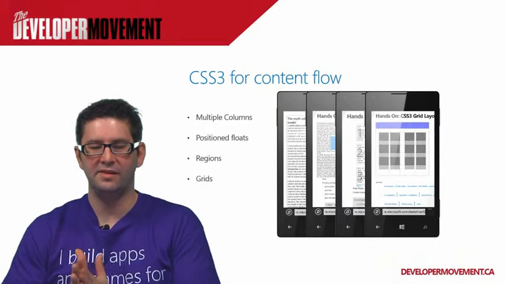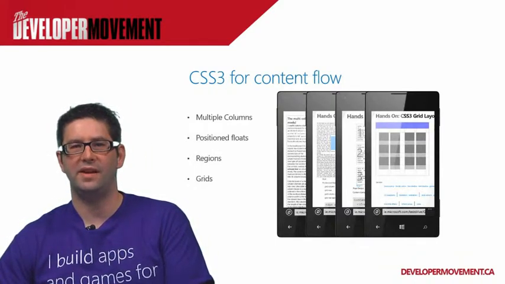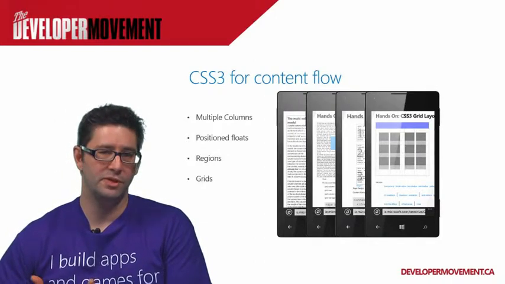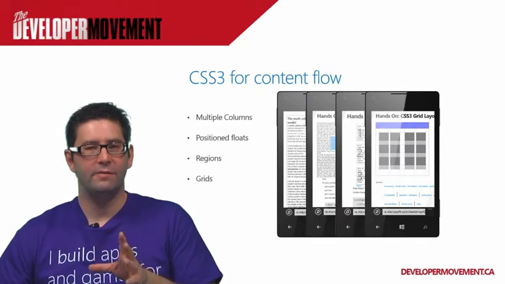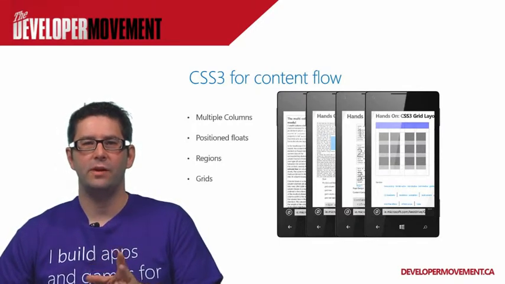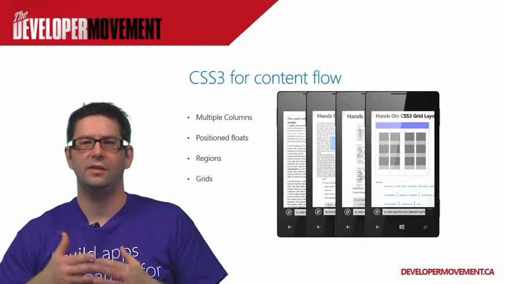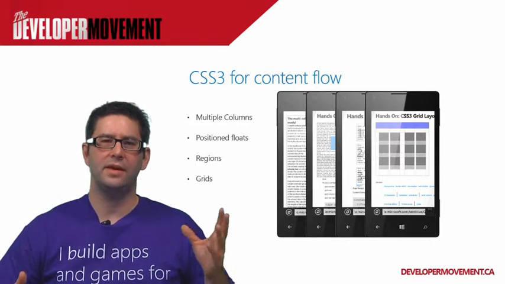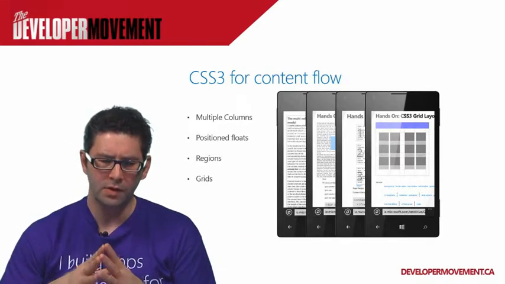And then grids. This is interesting. Those of you that are familiar with grids on XAML, so the Silverlight way of doing things, WPF, or Windows Phone just in general, you're already fairly familiar with grids because grids are very useful for aligning text, aligning assets on the screen so that it just looks professional. And it's a great way of aligning everything on the screen, and then it's responsive depending on the screen size and everything.